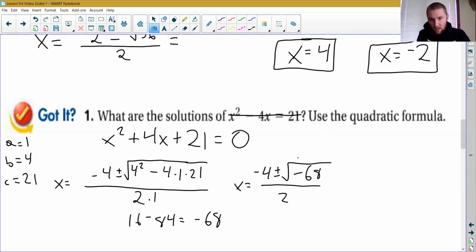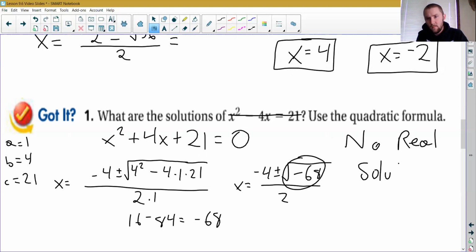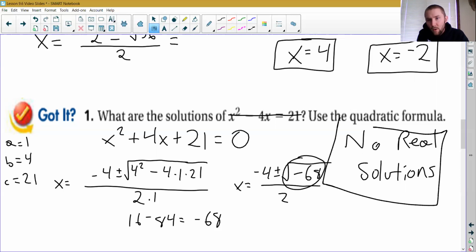So as soon as you see this, we know immediately that this equation has no real solutions. So that's what we would say here. This is one of those examples of quadratic equations that have no solutions. And we know that because I can't square root a negative, so there's nothing else I can do here.